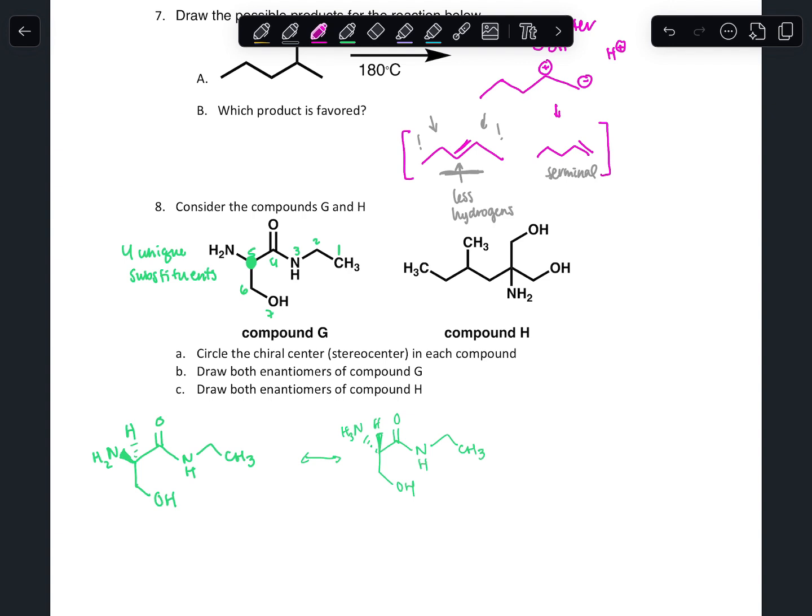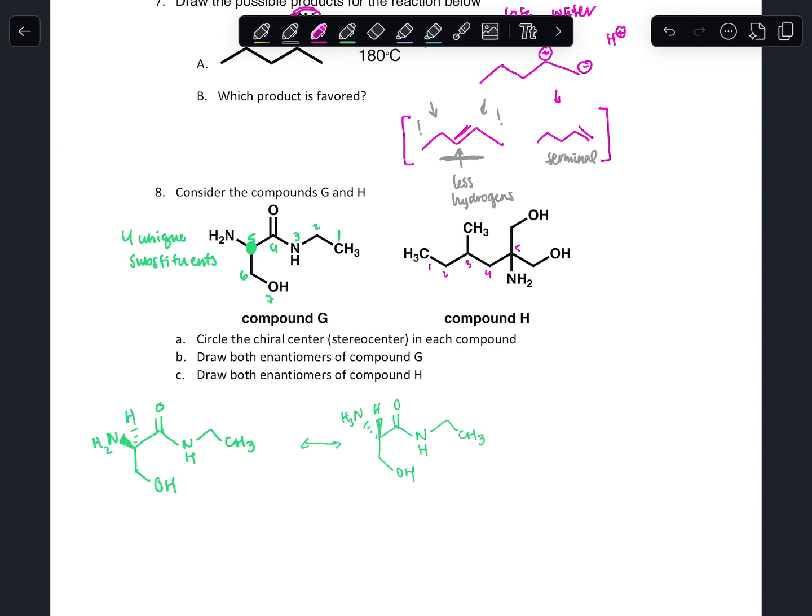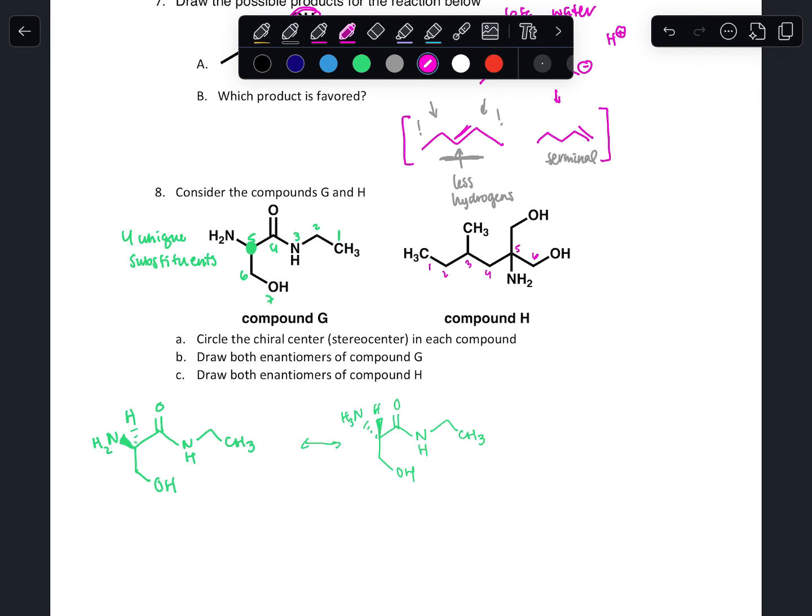So, question 8. Consider the compounds G and H. For H, we're going to start with numbering our carbons, or maybe just our main parent chain here. And we're going to look for what carbon has 4 unique substituents.